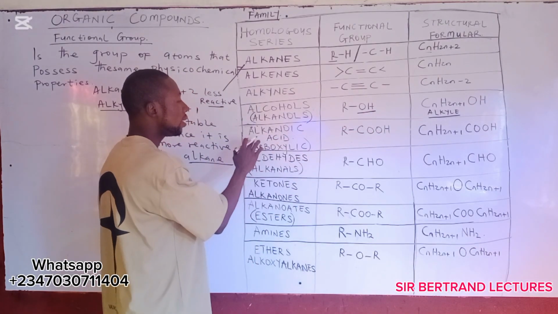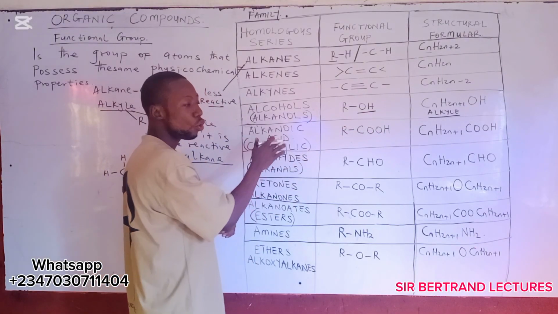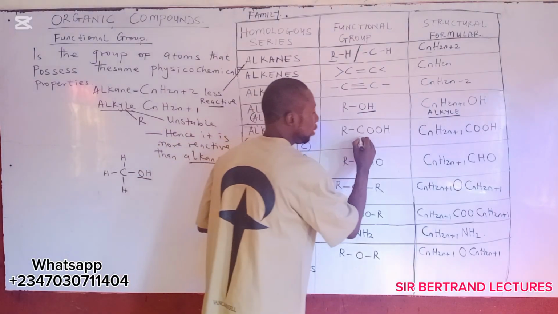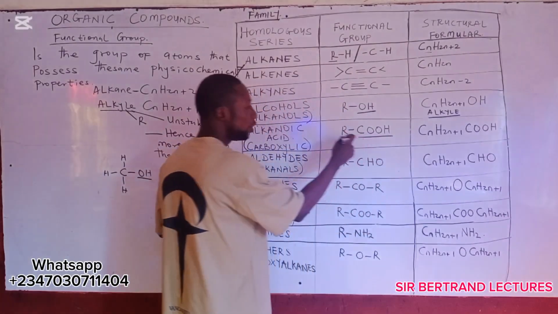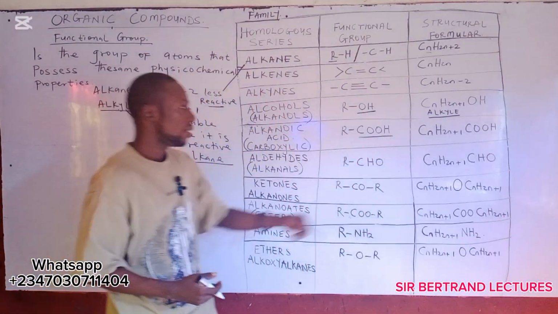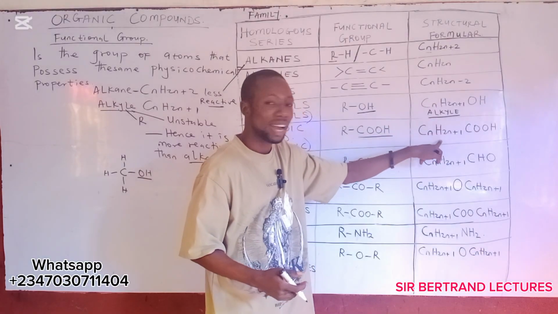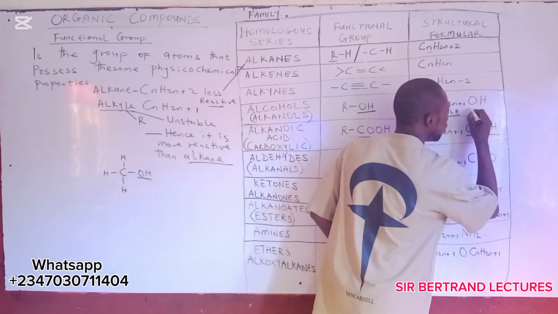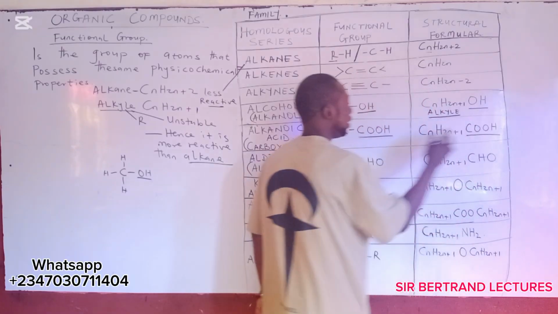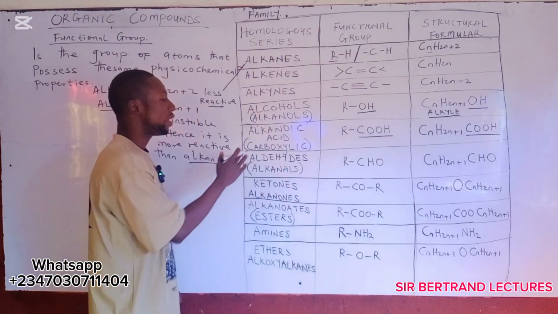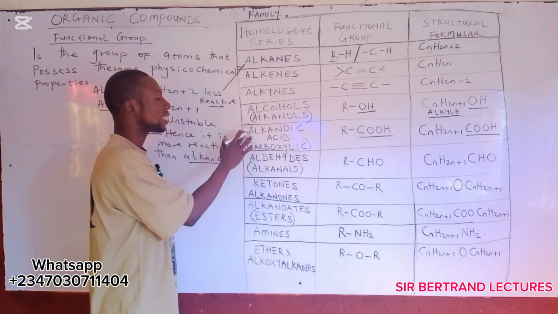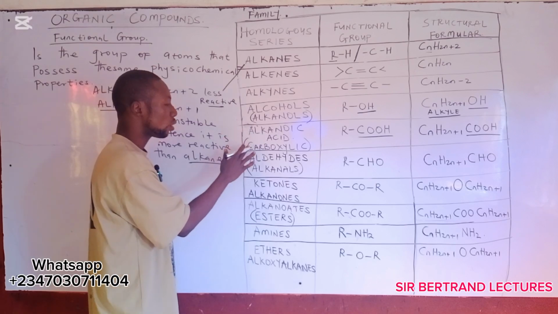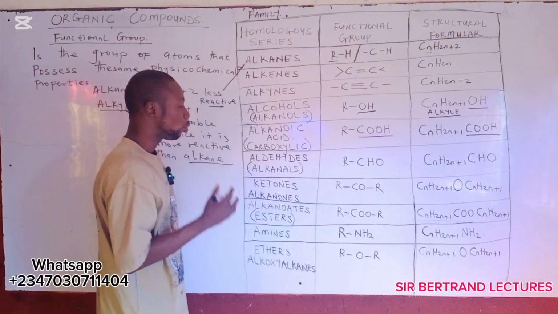Then alkanoic. This is the COOH group bonding with alkyl. Here is another alkyl as we have on the board. Then here is the functional group. COOH is the carboxylic or alkanoic group. You can call it alkanoic acid or carboxylic acid group.